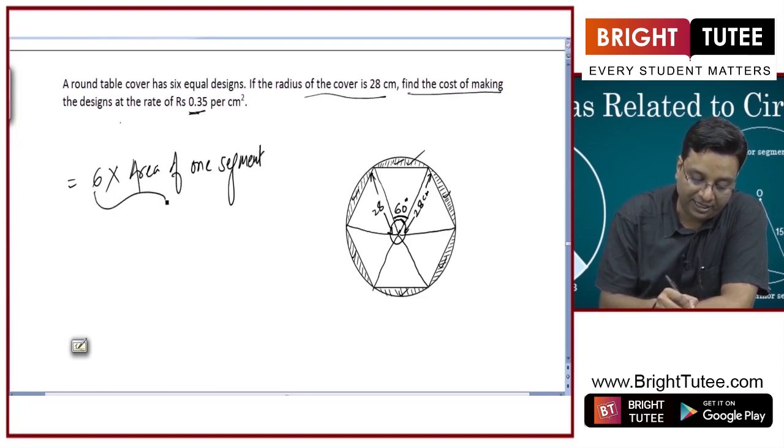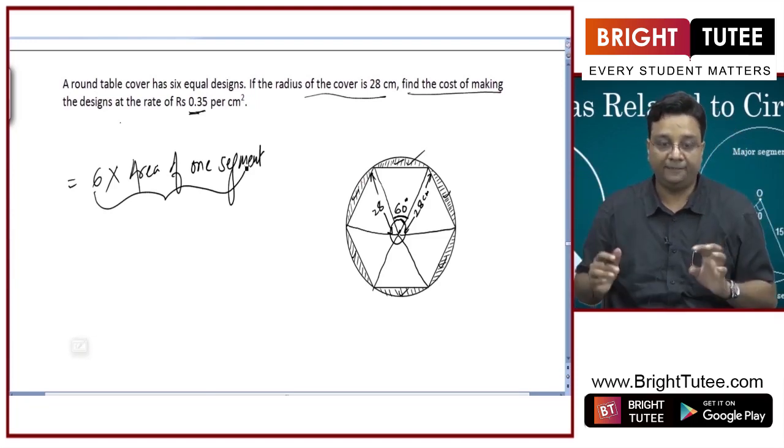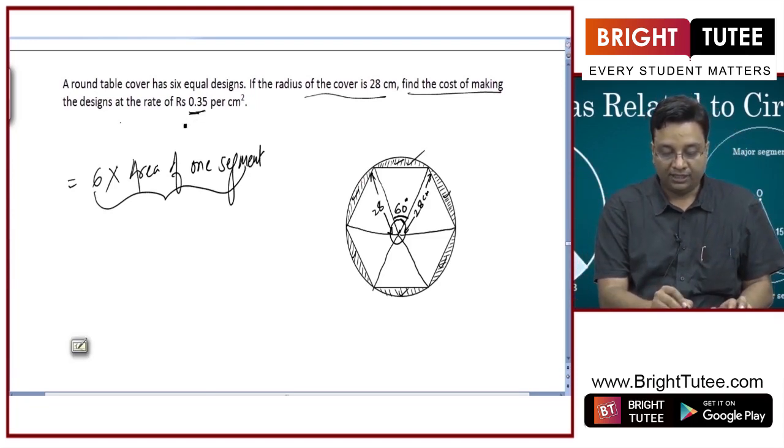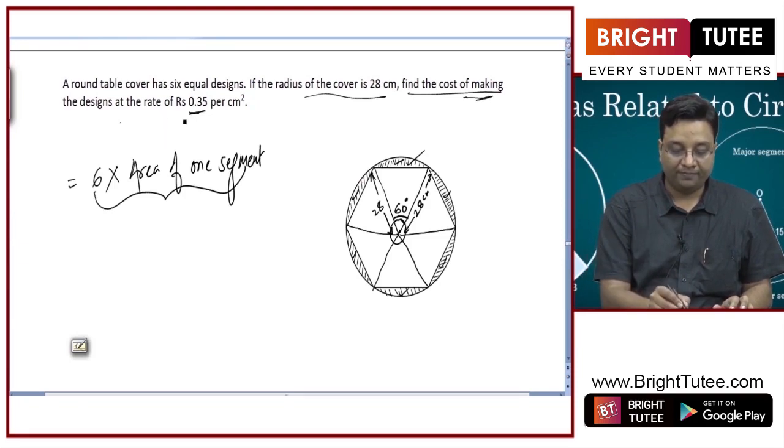Once we find this area, the total area of the design, we know that the rate of making this design is 0.35 per centimeter square. So this is the total area in centimeter square.